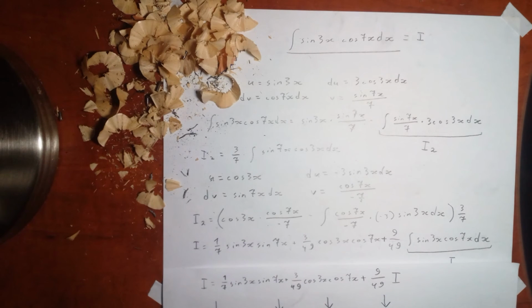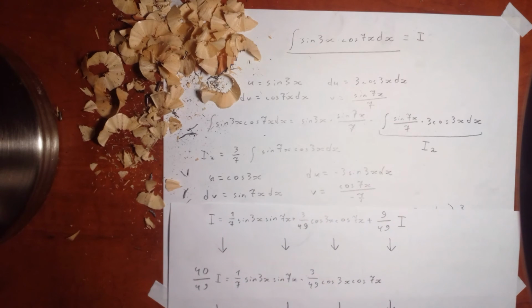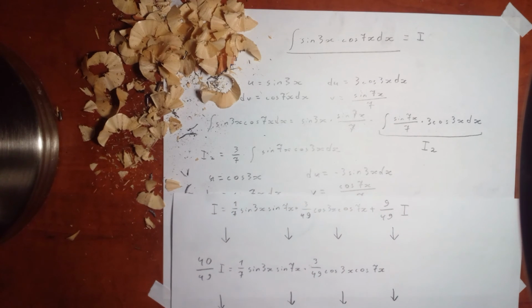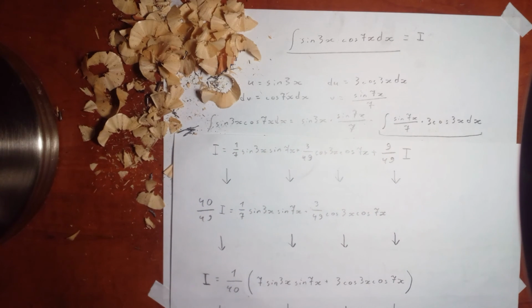We get that I equals 1 over 7 sine 3x sine 7x plus 3 over 49 cosine 3x cosine 7x plus 9 over 49 I. We can then put I onto the other side of the equation, isolate it, and get that I equals 1 over 40 times the bracket 7 sine 3x sine 7x plus 3 cosine 3x cosine 7x.